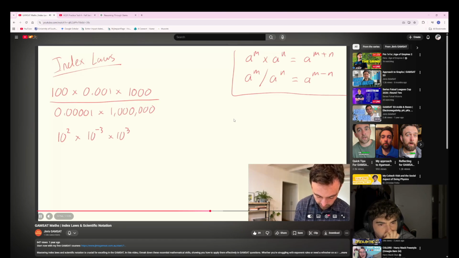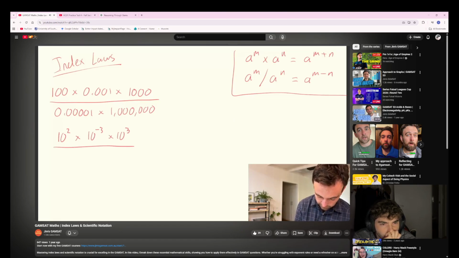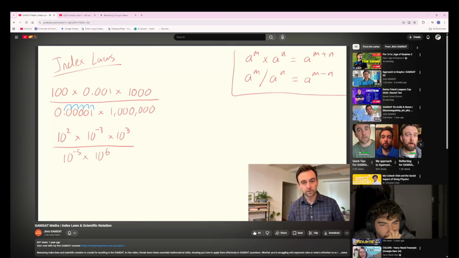Times 10 to the 3 divided by, I'm going to have to do the jumping for this one, so 1, 2, 3, 4, 5, so 10 to the minus 5 by 10 to the 6. So we've got there. Now we can apply our first index law, so this one up the top here, to both the top and the bottom. So we have 10 to the 2 times 10 to the negative 3 by 10 to the 3, so that's just 10 to the 2, divided by, at the bottom, 10 to the minus 5 times 10 to the 6.